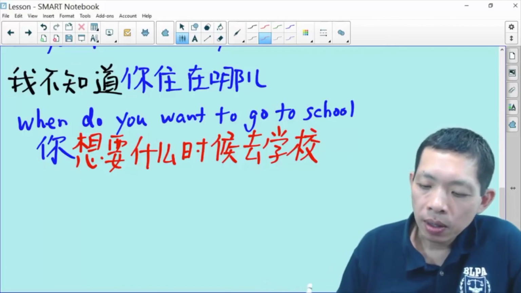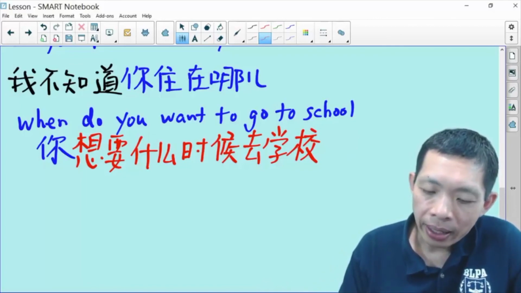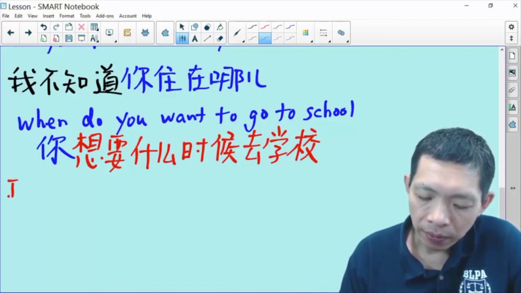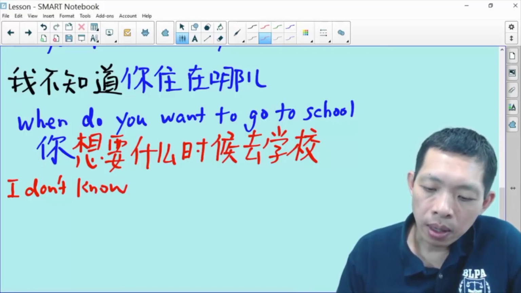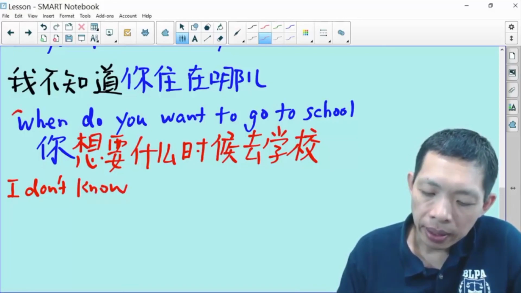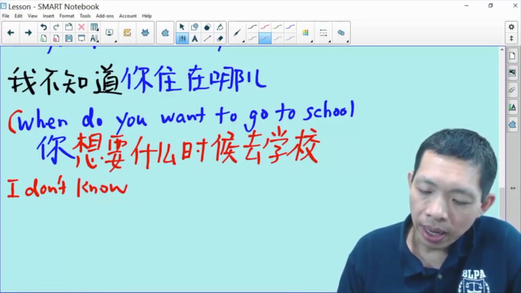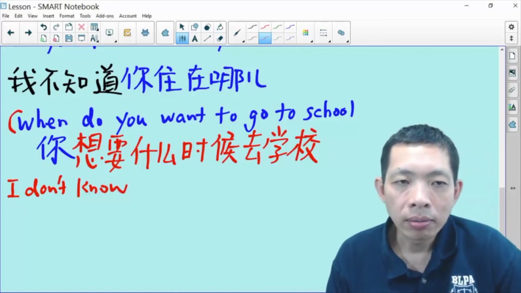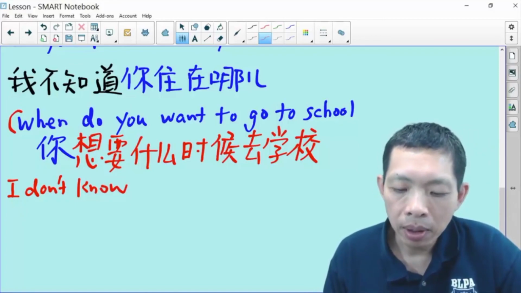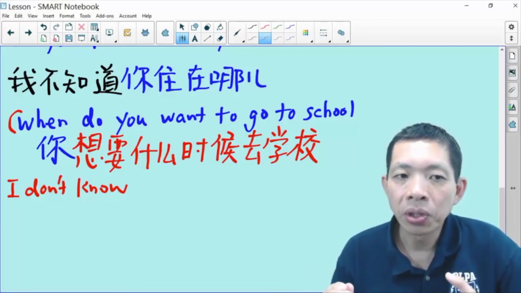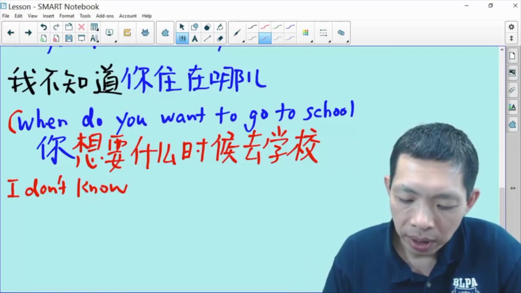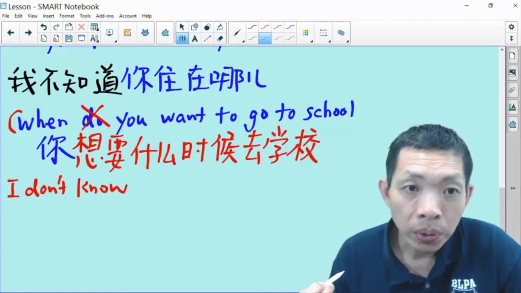Now, if we add I don't know to it, the grammar rules tell us that if you want to change to the object, you have to get rid of this do.